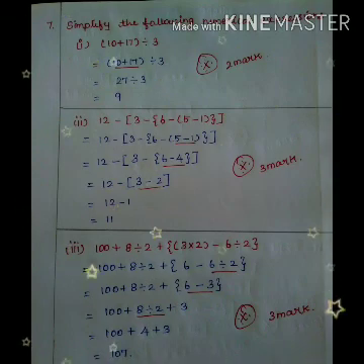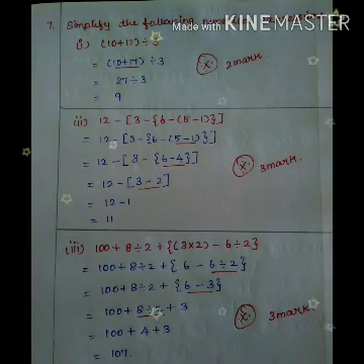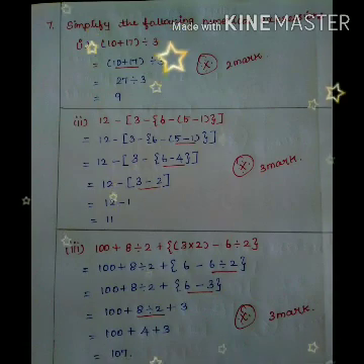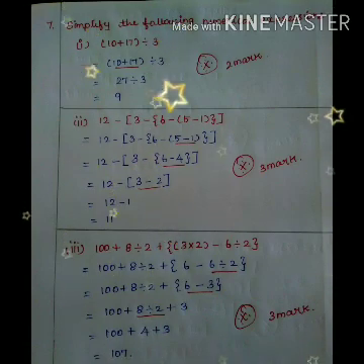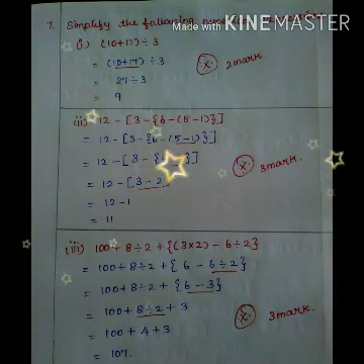Okay, now next sum. 100 plus 8 divided by 2 plus bracket, again bracket 3 into 2 close bracket minus 6 divided by 2, and then close bracket. Here they have given 2 brackets.